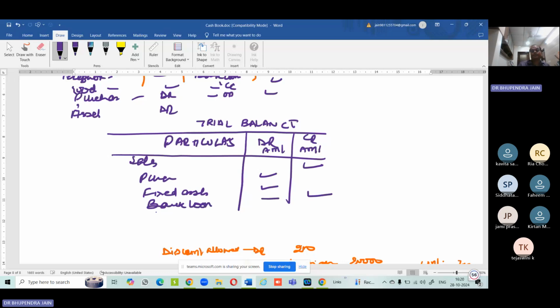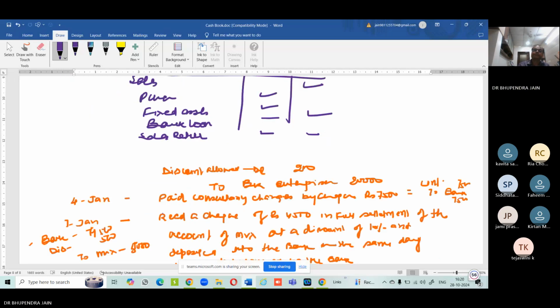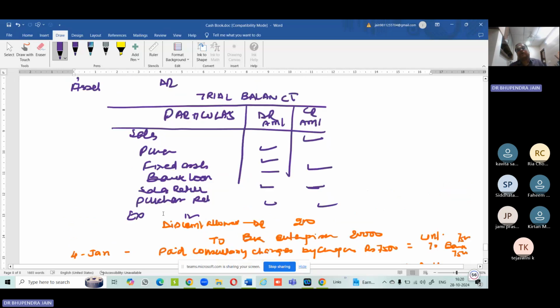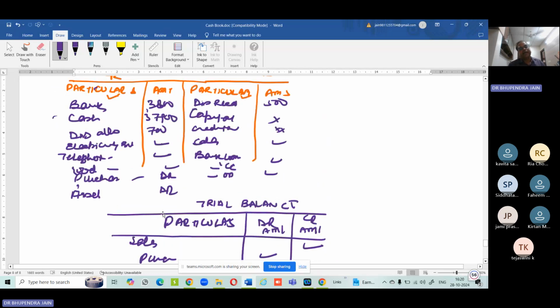Bank loan balance, credit. Sales return, debit. Purchase return, credit. All expenses balance debit and all income balance credit. So this is the method, or the specimen or format, to prepare the trial balance. You can use any of the methods to prepare the trial balance.